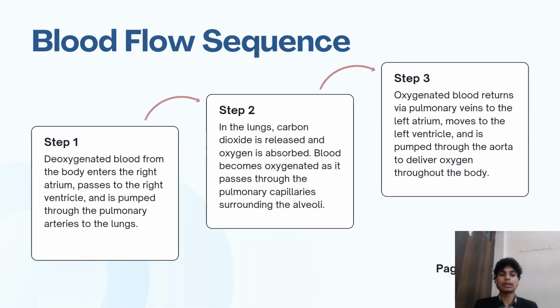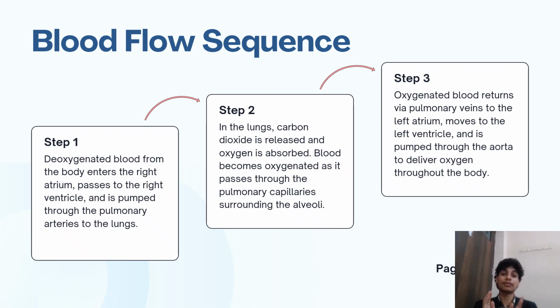So there is a blood flow sequence: what is the first step, what is the second step, and what is the third step. In the first step, deoxygenated blood from the body enters the right atrium, which goes to the right ventricle, below the right atrium, and in between them there are valves present, which prevent the backflow of the blood.